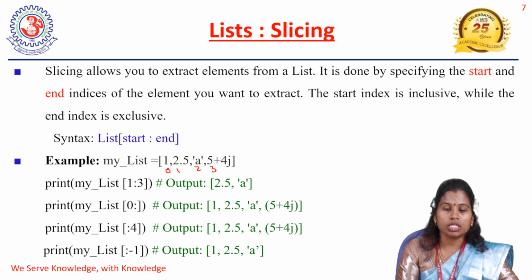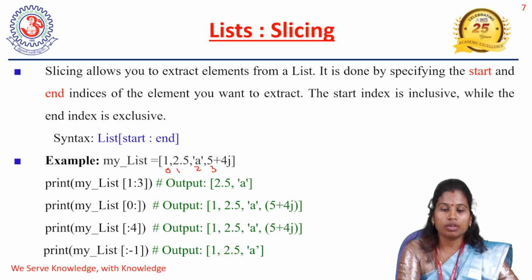Now coming to the second example. Here in the second example, my list is defined with only a start value. There is no end value included here. Here the start value is 0, which means the list will start from 0. The end value is not defined, but by default the system will consider the end value as the end of the list.